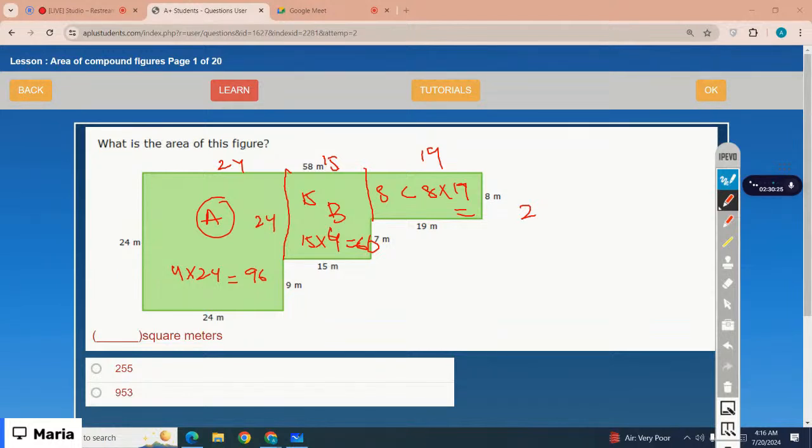So just add the areas of all the three shapes to calculate the total. That is 96 plus 60 plus 152.